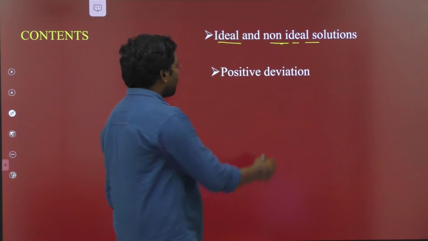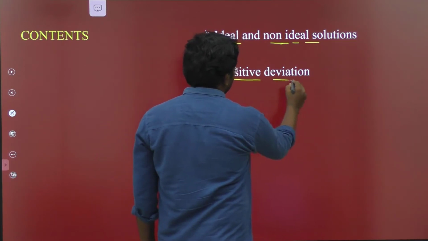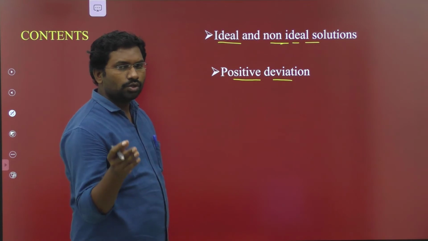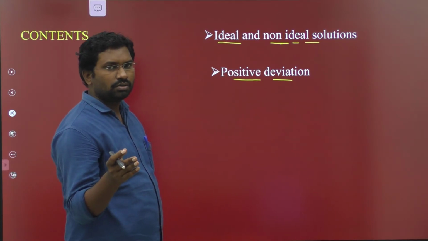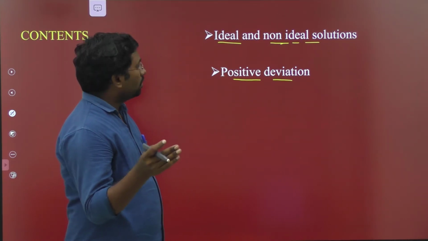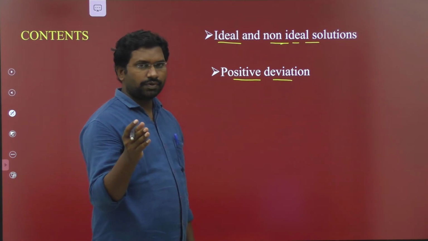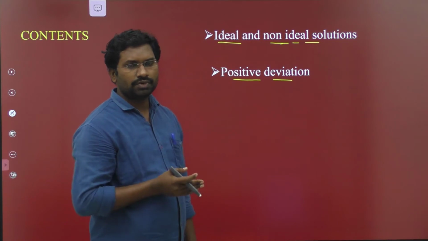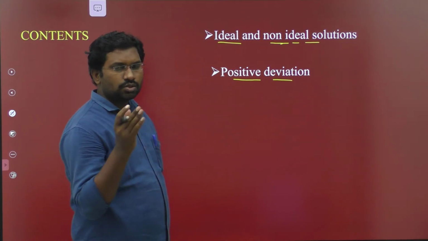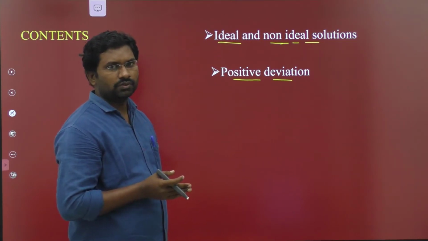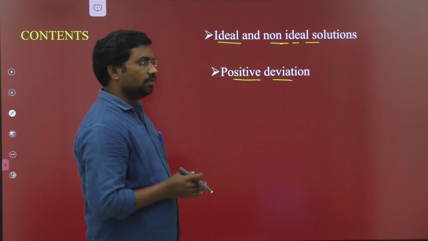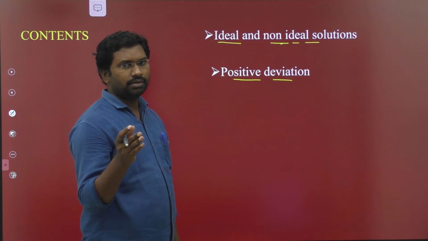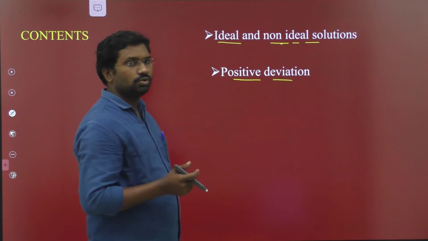And next one, positive deviation. What is meant by positive deviation? Non-ideal solutions can be classified into two types: the solutions which exhibit positive deviation and the solutions which exhibit negative deviation. Coming to the positive deviation, for the given solution, how can we estimate that the solution exhibits a positive deviation?